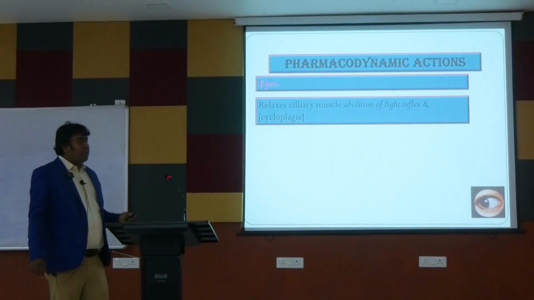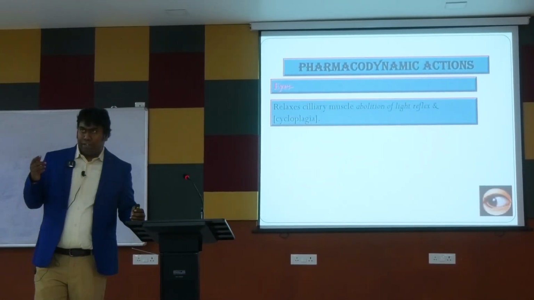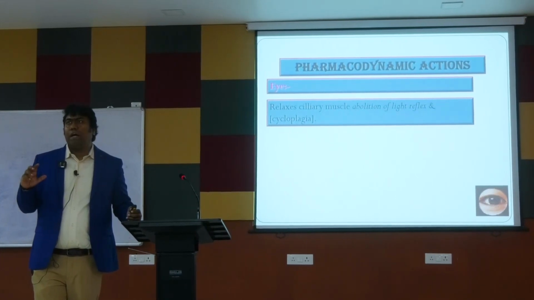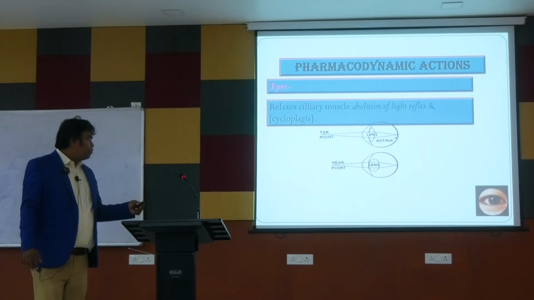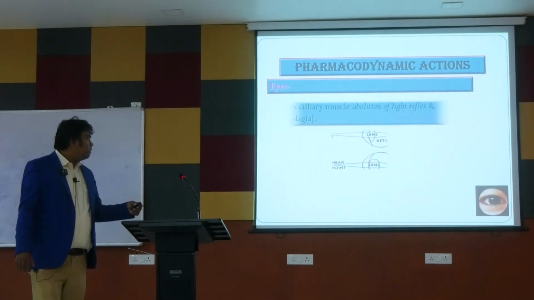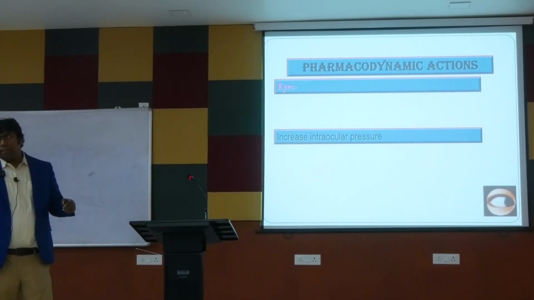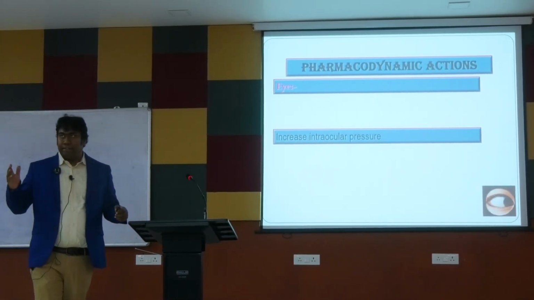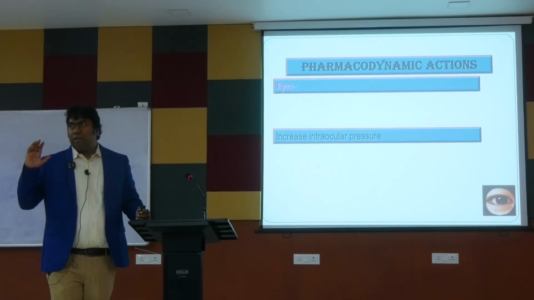Then relaxation of the ciliary muscle leads to loss of accommodation. Loss of accommodation is due to the ciliary muscle, and the light reflex is also lost. Intraocular pressure is increased. The disease is called glaucoma.